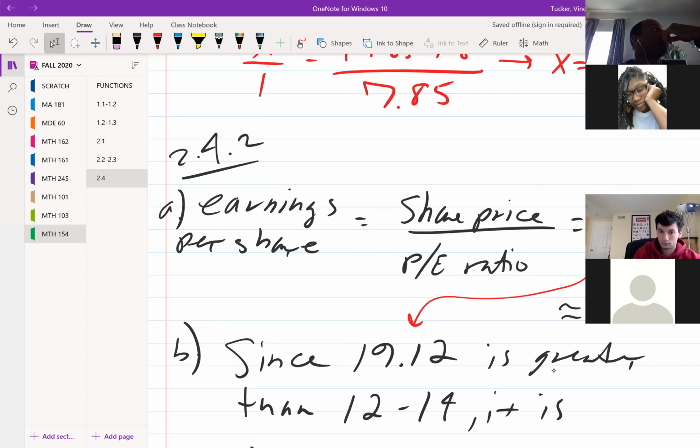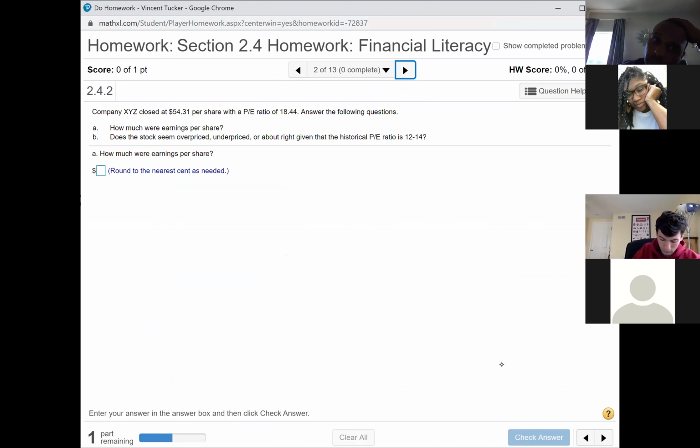Questions on A before we look at B? Now it says, does the stock seem overpriced, underpriced, or about right given the historical PE ratio is 12 to 14. So we have a PE ratio of 18.44 here.